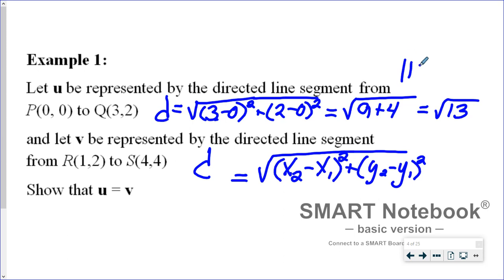So there's the distance or the magnitude of vector u. Remember, we do denote that like this. This would be the magnitude. Now we can do that down here as well.